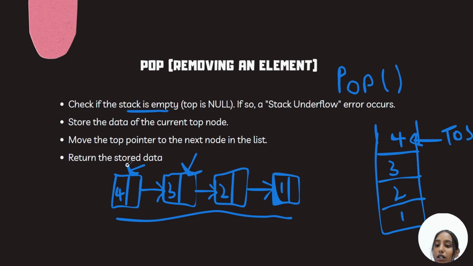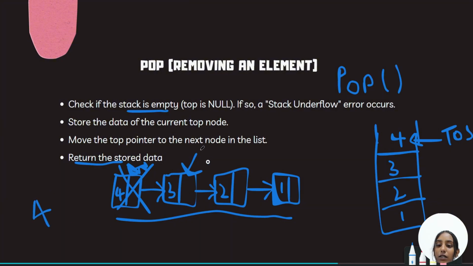So this would no longer be our top, this would be the top. And then it would return the stored data, the value of 4, and this would be our top of the stack.